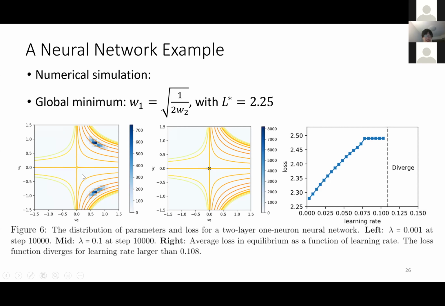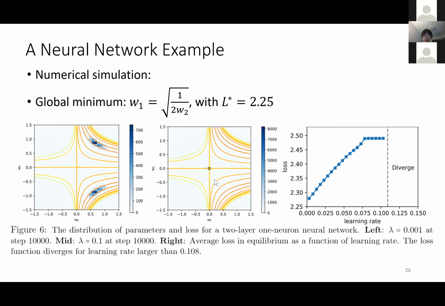In particular, when the learning rate is small, in this case 0.001, you see that the model parameters converge to the global minimum with some degree of fluctuation due to the mini batch sampling. And when you have a rather large learning rate equaling 0.1, you see that all the model parameters converge to the saddle point at 0, 0.